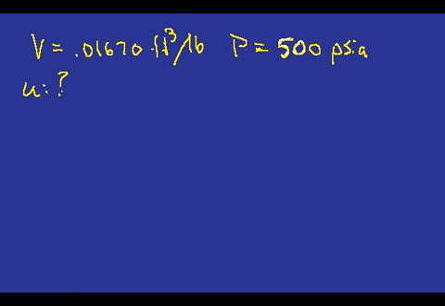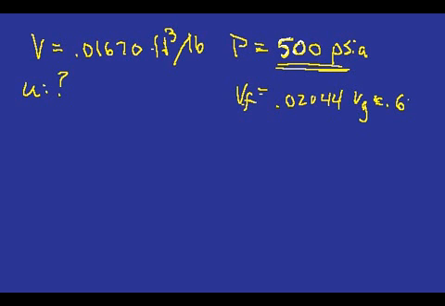Well, what you would do first is determine at that pressure whether it's a liquid, a vapor, or a mixture. So you go to your tables, and I'd go to the pressure tables at 500 psi, and look up to see where the volume falls. Well, at 500 psi, VF is equal to 0.02044, and VG is equal to 0.675 or 0.676 approximately.